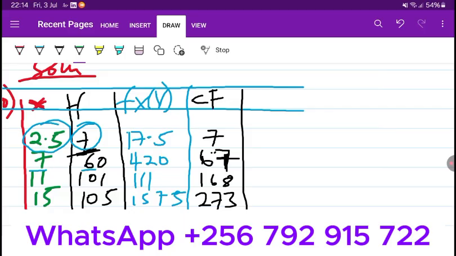So what you do, you make sure that you indicate, now I'm going to get the cumulative. Let's first get the cumulative of V, let me call it CV, the cumulative value for this.